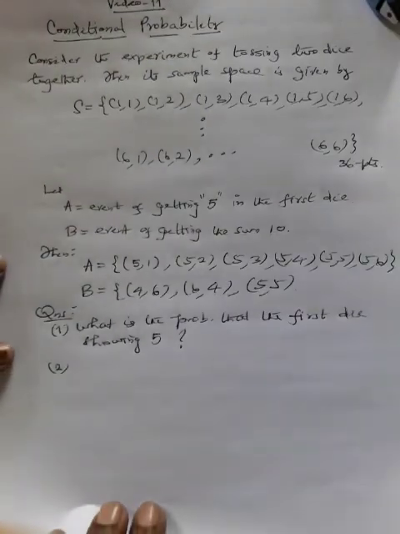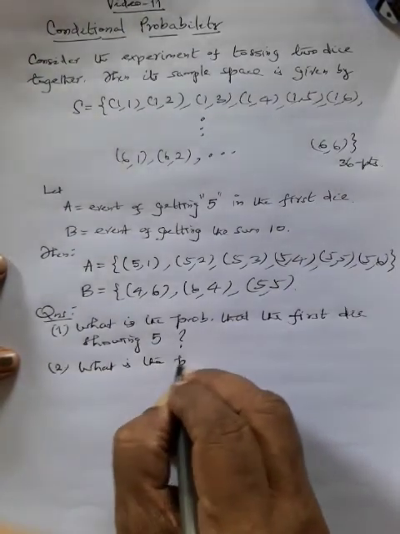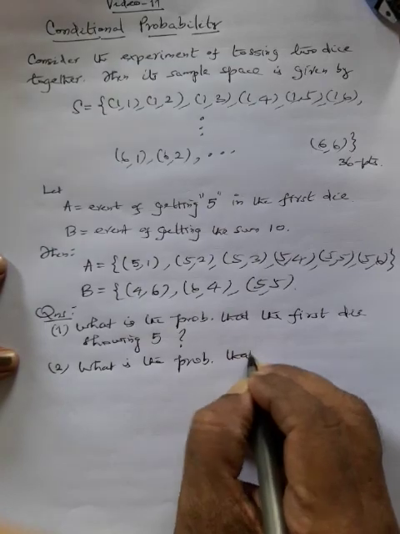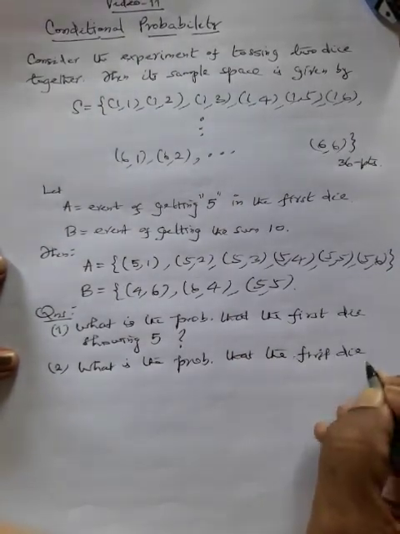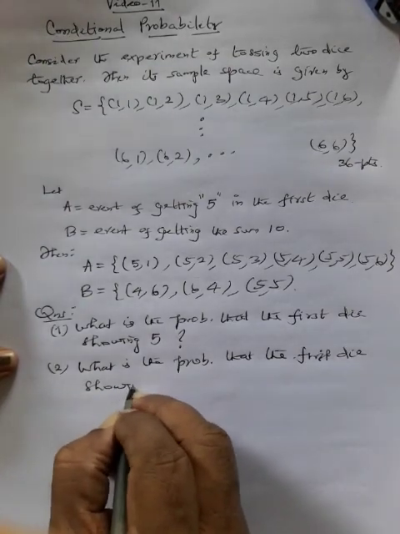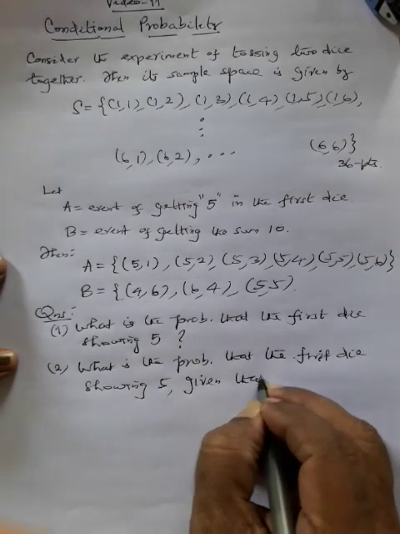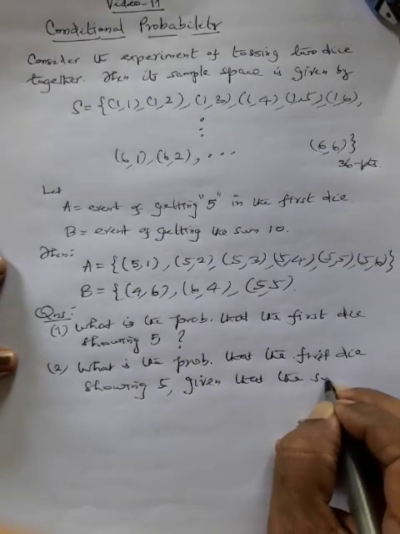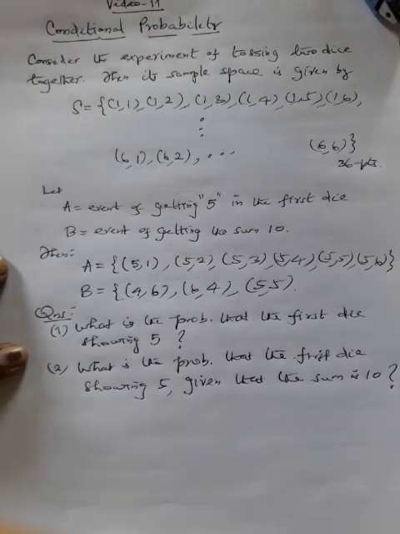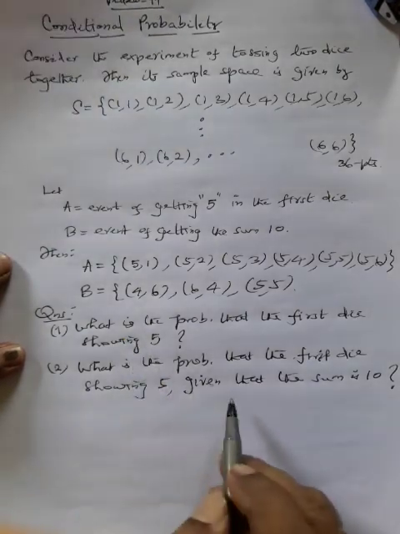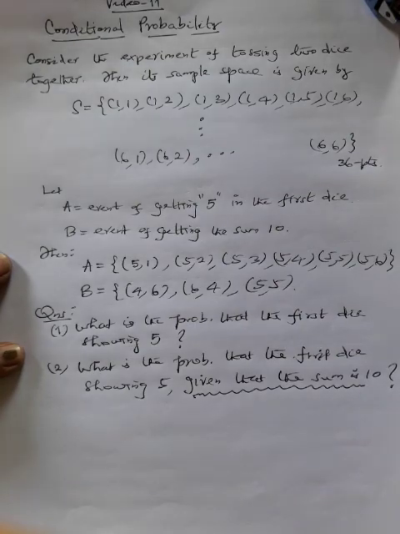Second question is, what is the probability that the first die is showing 5, given that the sum is 10? So both questions are up to showing 5, the same thing. Here the additional thing is given that the sum is 10.